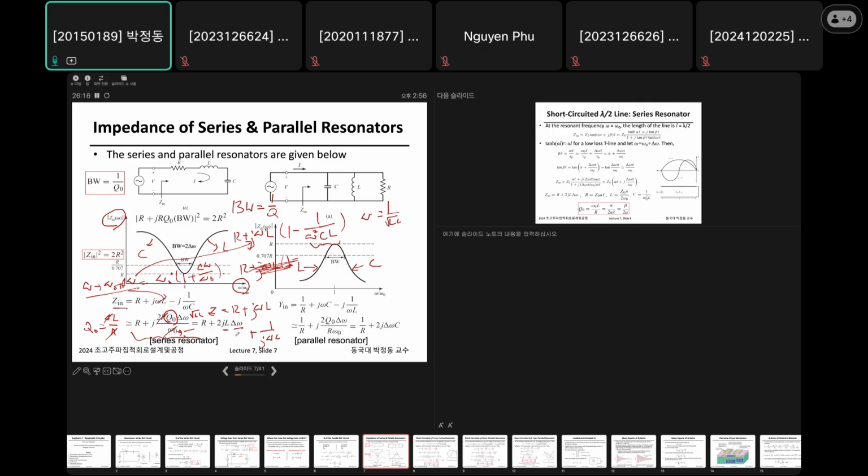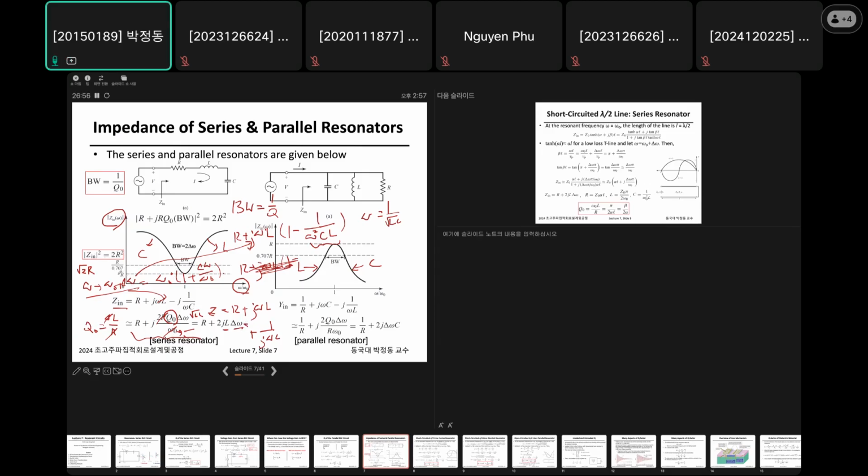So let's define bandwidth as the frequency where the impedance magnitude becomes the square root of 2 times R, which is R divided by 0.707. Okay, so here this is the frequency where, if you take a scale, this is twice the R scale.